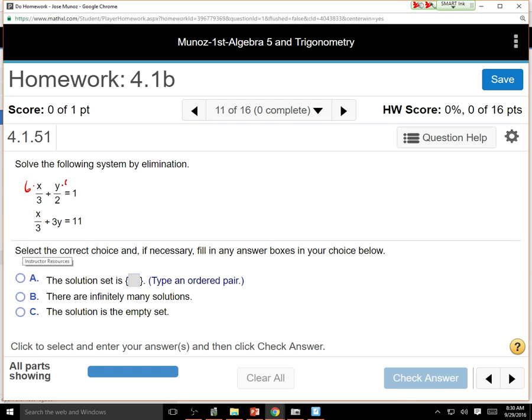So 3 goes into 6 twice. That becomes 2x plus 3y is 6. Here we're going to multiply everything by 3. So times 3, times 3, times 3. That's going to give me x plus 3 times 3 is 9y is 33. And then you solve that system. Okay? So I think you can go from there. Cool?